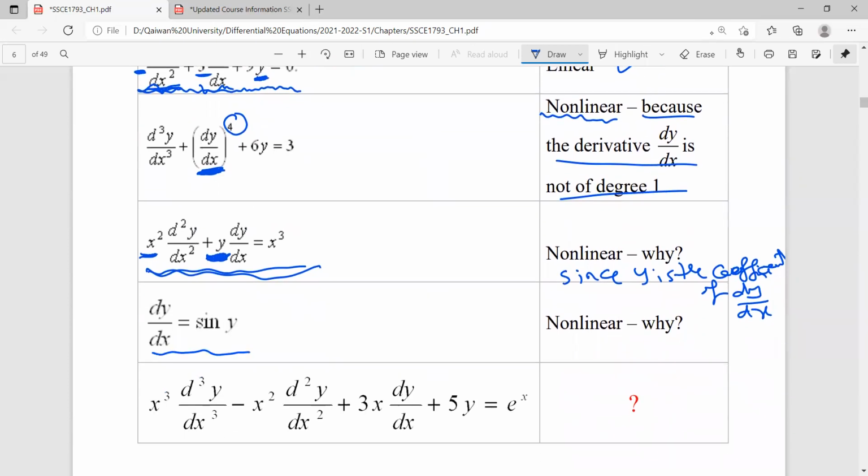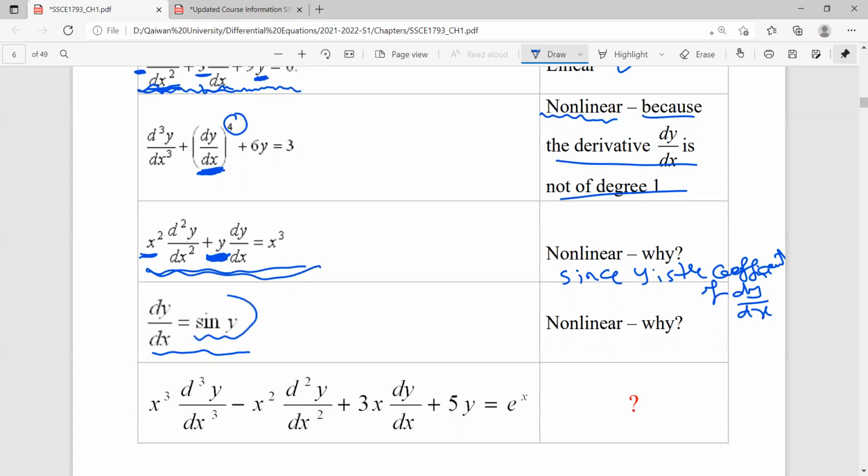For this one, dy by dx equals sine y. If we have the dependent variable as the angle of trigonometric functions, or in a root, or as the argument of a logarithm, or as the exponent of e, it means the degree of that dependent variable is not 1.